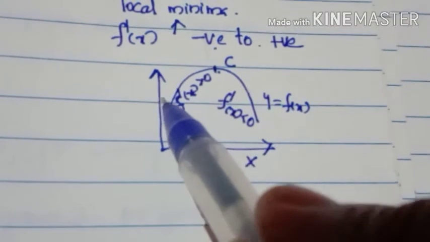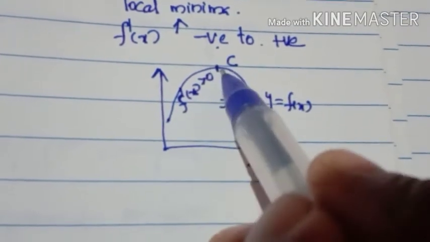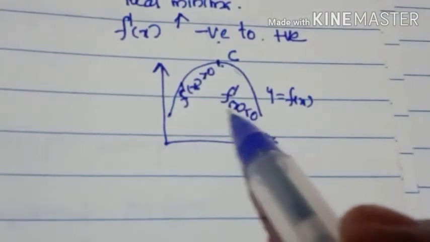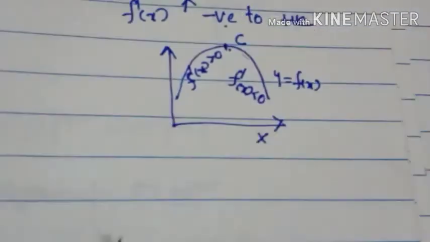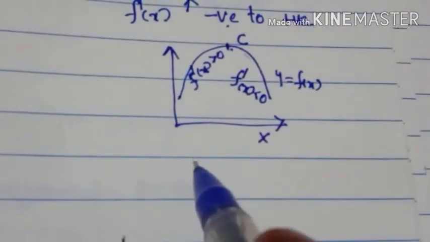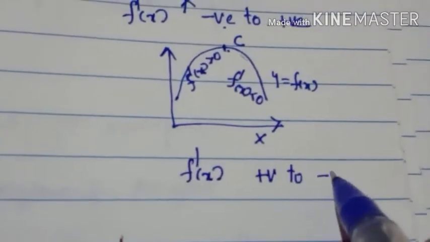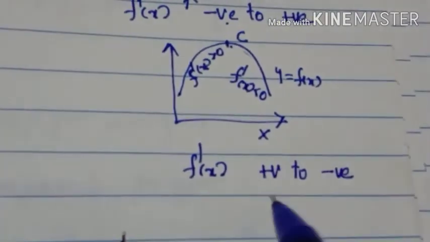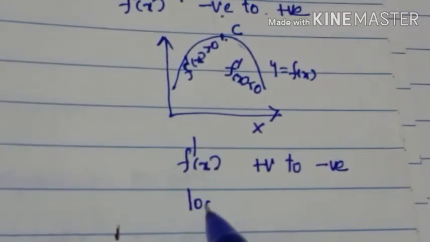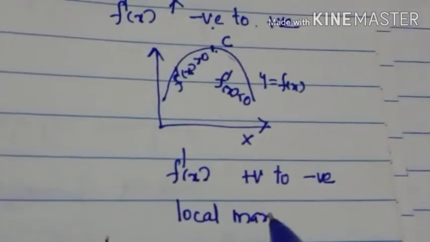So, increasing to decreasing. The sign of f dash of x changes from positive to negative. In that case we are talking about maxima or local maxima.